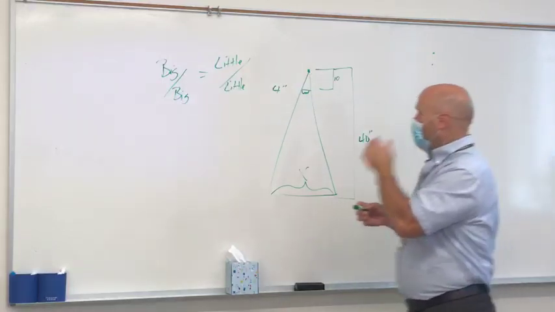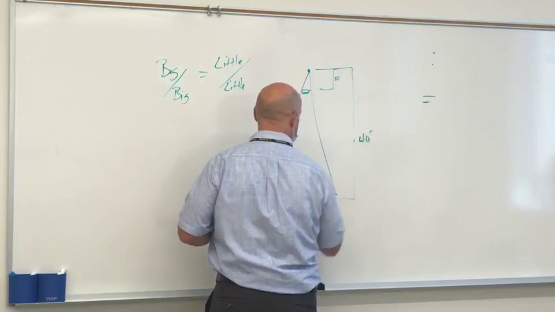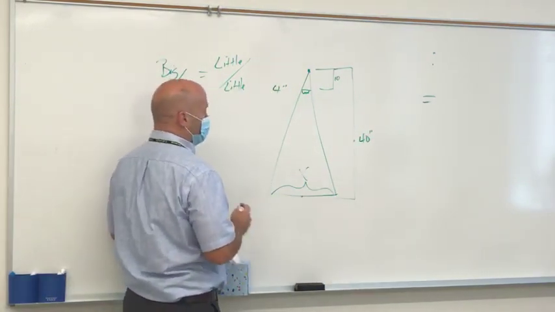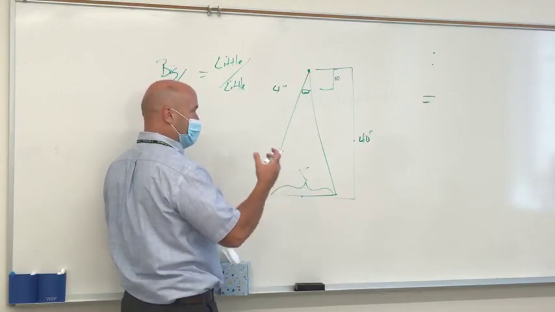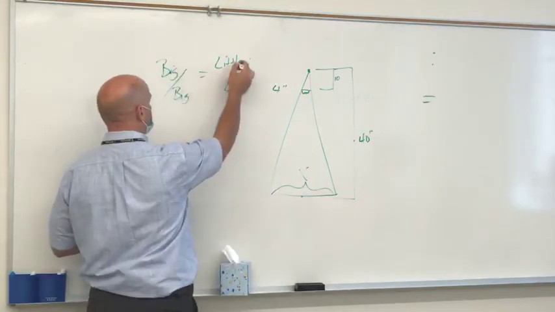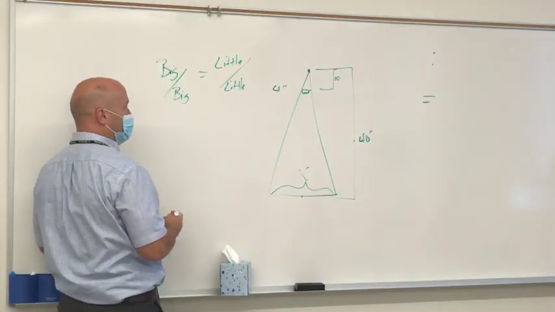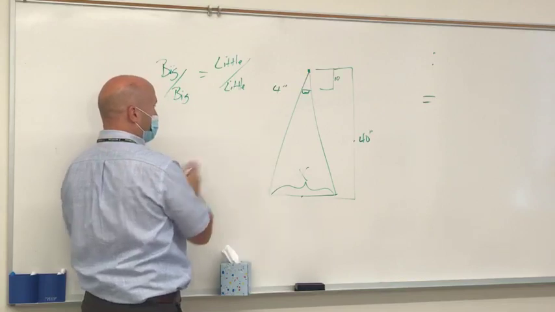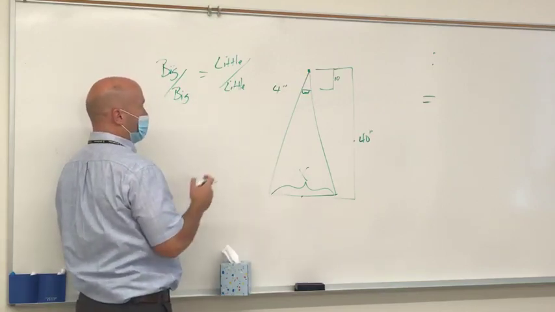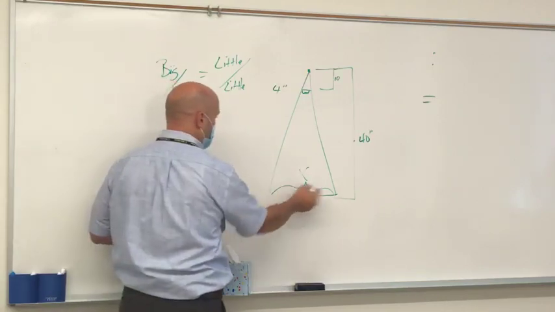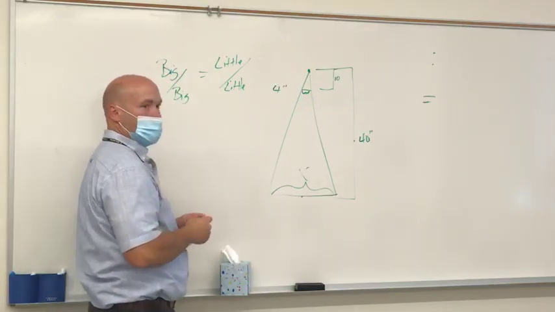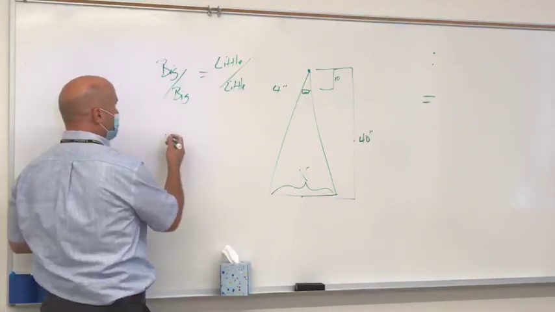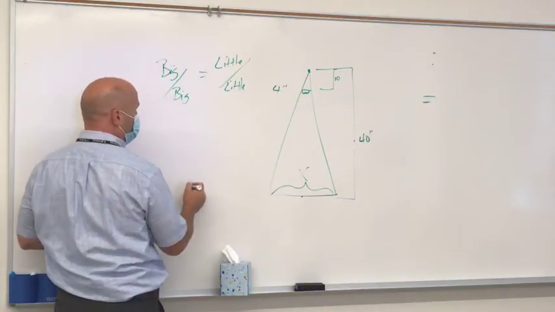So we want to make sure that we keep like things across from each other. We've got a big measurement and a little measurement, and we want to compare like measurements. What is most like this distance? This distance here, the 4 inches. So we've got a little over here.